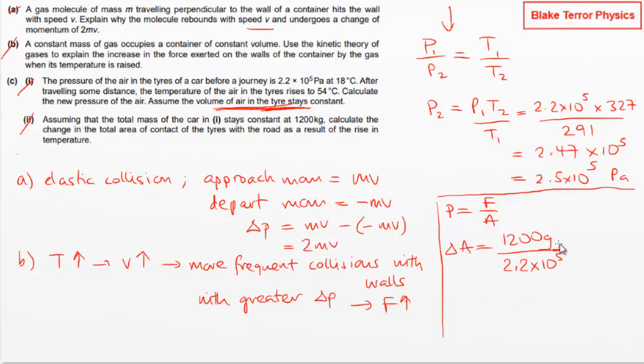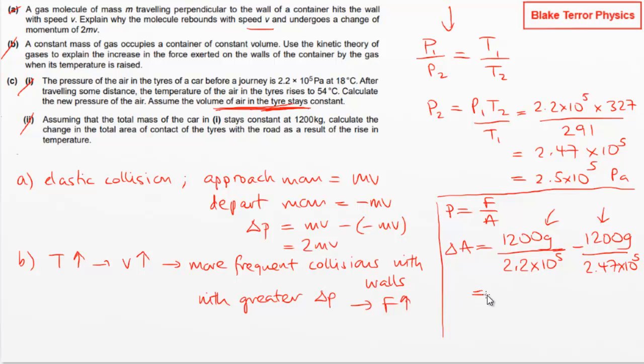Then we take off what it will be for the new pressure, which was 2.47 times 10 to the 5. We're working out the area for each particular pressure, and then we subtract the smaller one from the larger one.